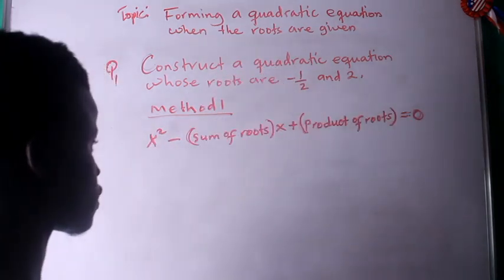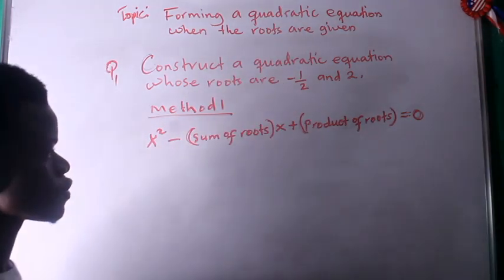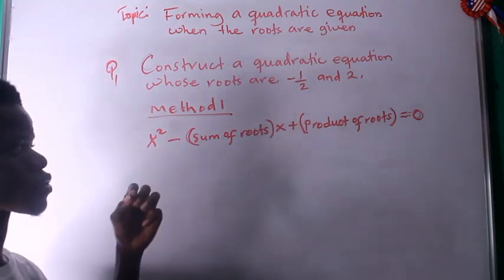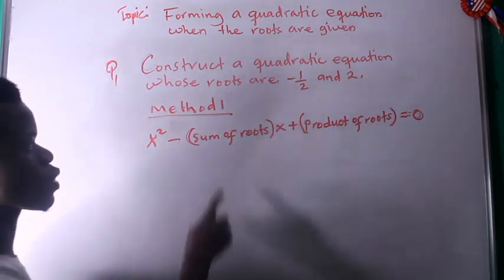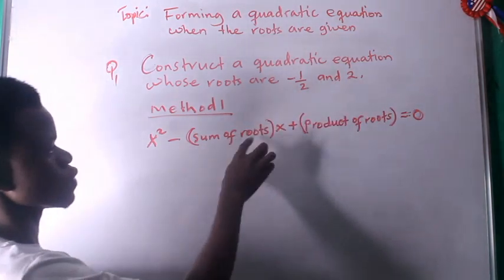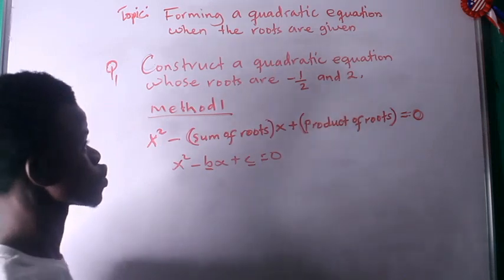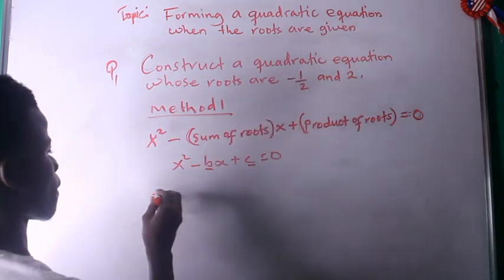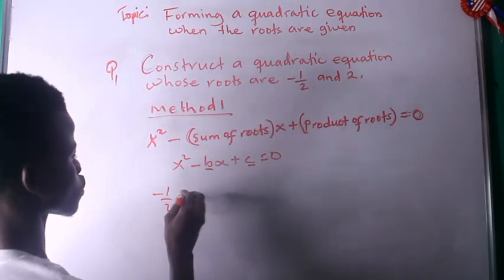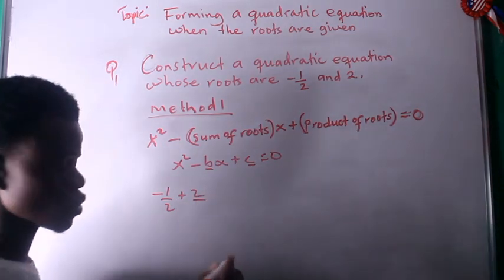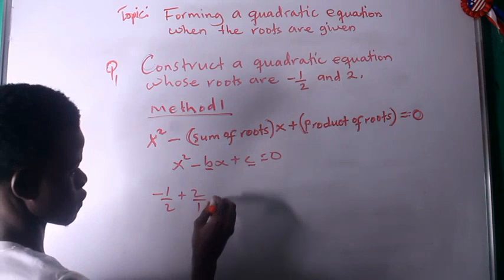This is the quadratic equation we want to construct. In constructing it, the sum of the roots will be minus 1 over 2 plus 2. We know that our whole number has a denominator of 1.